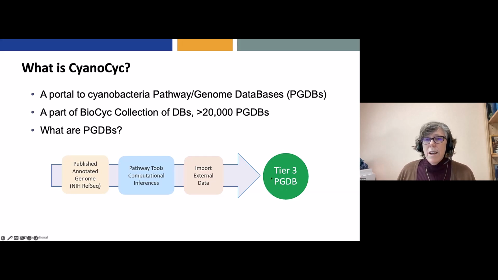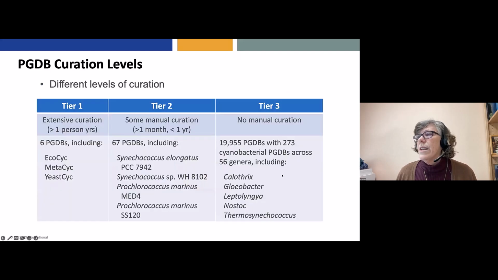And Osnat mentioned the idea of the tiers. And so we do have different tier levels, and those tiers refer to the level of curation. So the extensively curated databases, what that means, it's not a hard and fast definition, but what we take it as is databases that have more than one person year worth of curation.